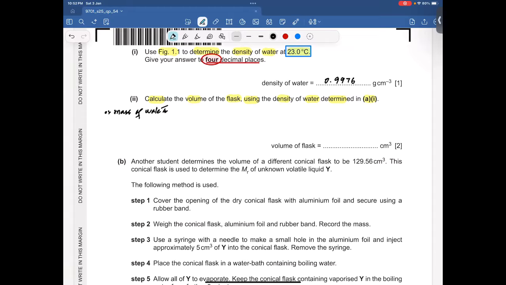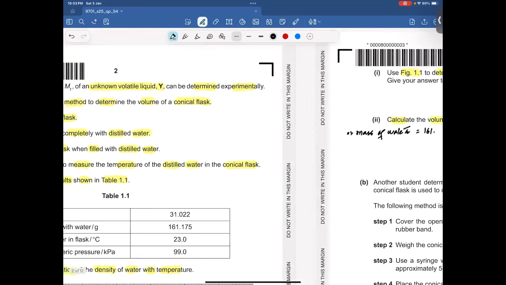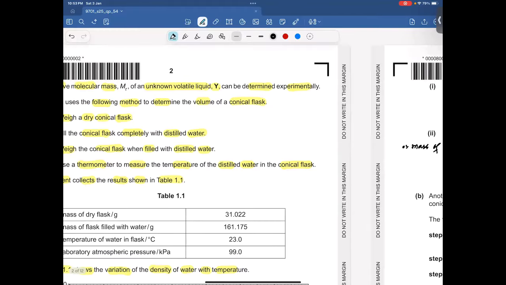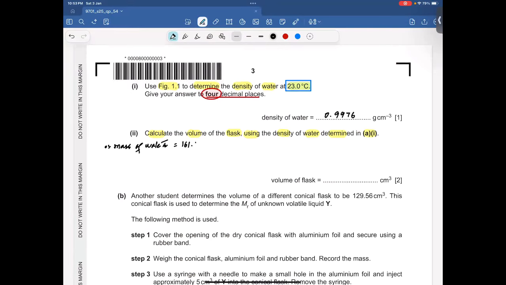The mass of flask plus water is 161.175, and the mass of the flask is 31.022. So the mass of water is going to be 130.153 gram.